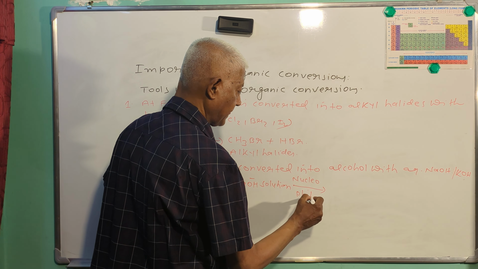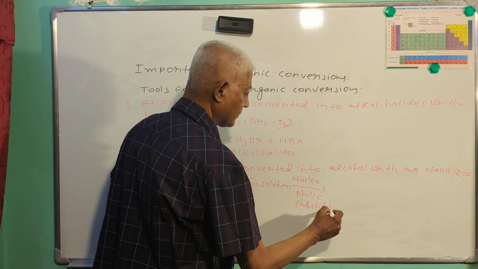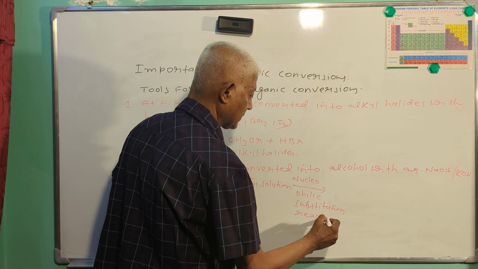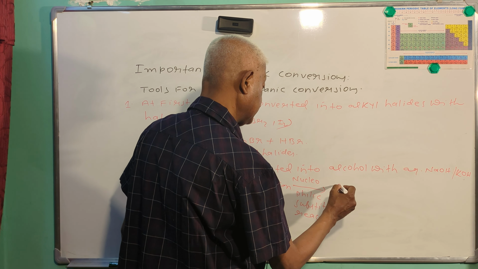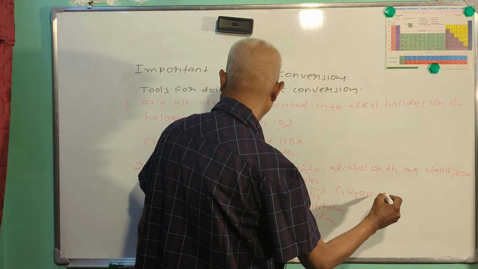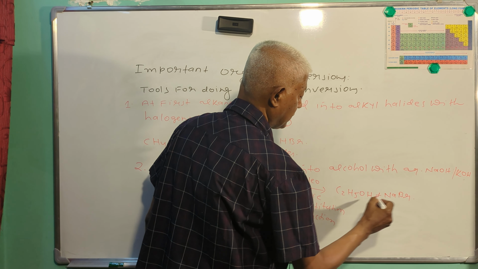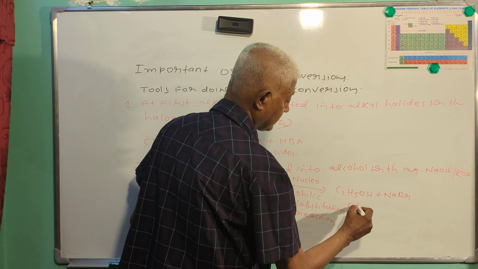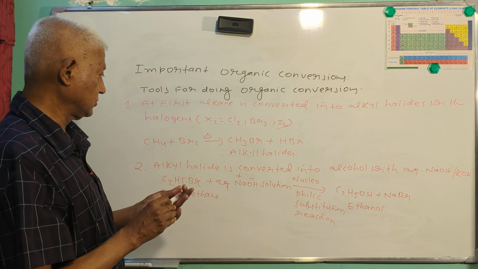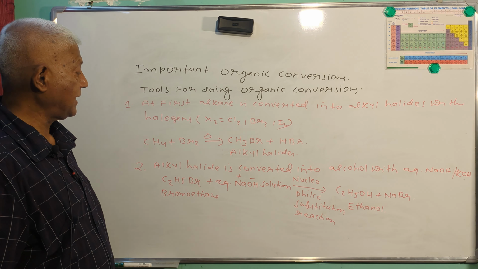Nucleophilic substitution reaction. So we get C2H5OH plus the side product sodium bromide. That is ethanol.